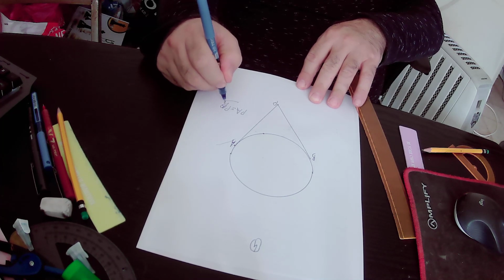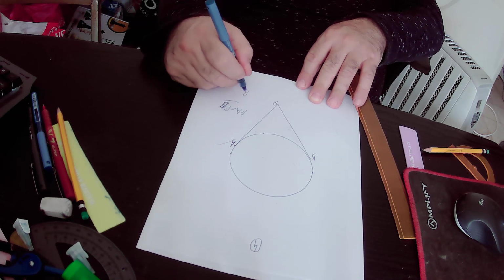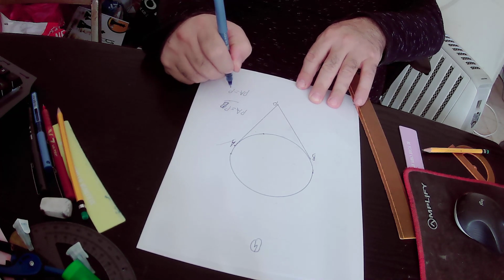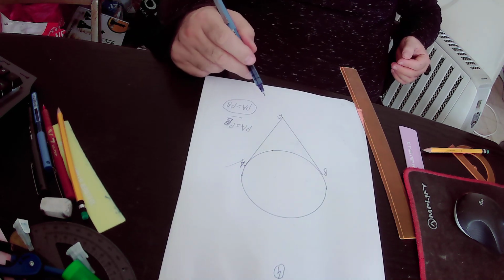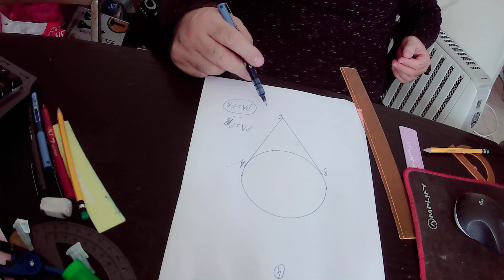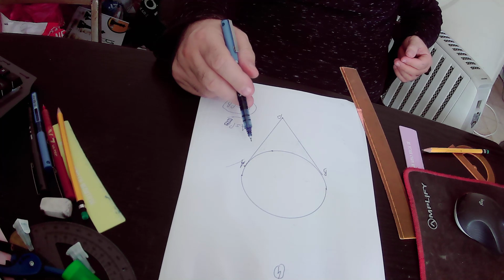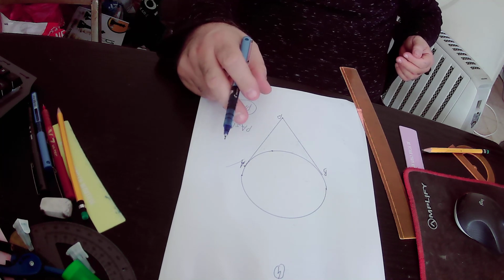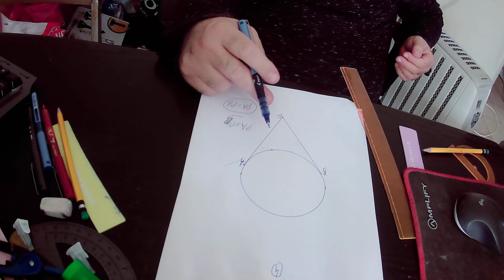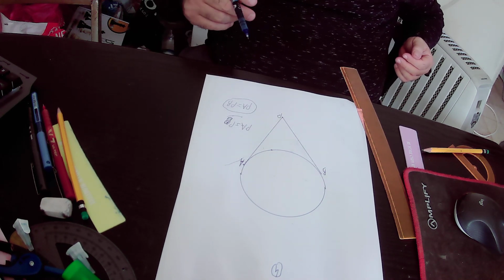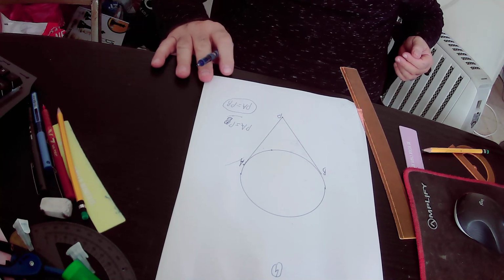So again, PA equals PB. Whenever we draw from an external point of a circle two tangents to that circle, the lengths of those two tangents will be equal to each other.